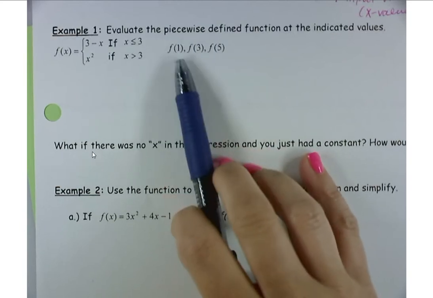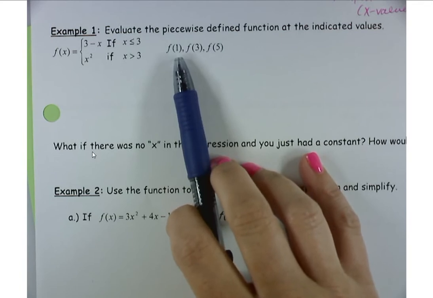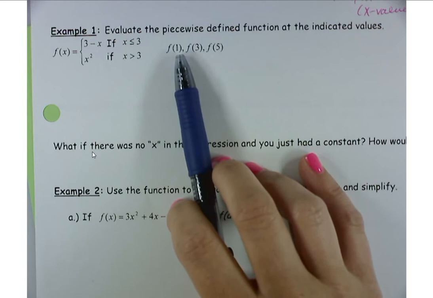So if we have f of 1, Lucas, do you know what we'd have to do for that? You use the first. Yep, and you just are going to replace what with what? X. Okay, yeah, so if it's f of 1, do you guys remember doing that in Algebra 2? If you're finding f of 1, you're just replacing the x with 1.